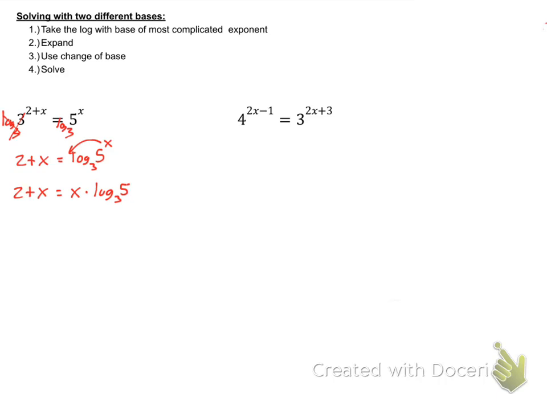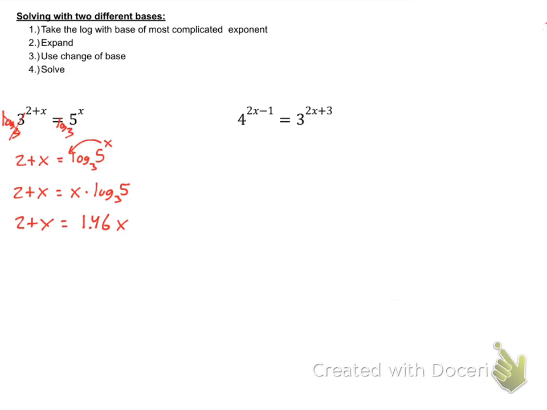And therefore you'll have 1 point something x's, because that log base 3 of 5 becomes a number. If I take my calculator, I get 1.46x, because log base 3 of 5 is 1.46 and on. So I rounded it to 2 decimal places.